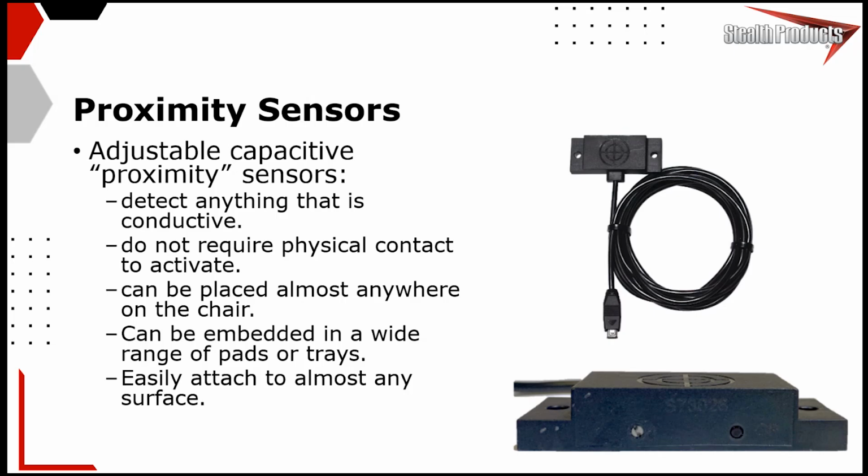You've got about 1 centimeter maximum of consistent reliability to operate that. So if you turn that screw all the way to the max, about 1 centimeter away, it'll start activating, or if you dial it back, you can put it to the point where you basically have to touch the sensor to activate it, not necessarily put any pressure on it. So you have a nice ability to really get precise with how it senses an object.